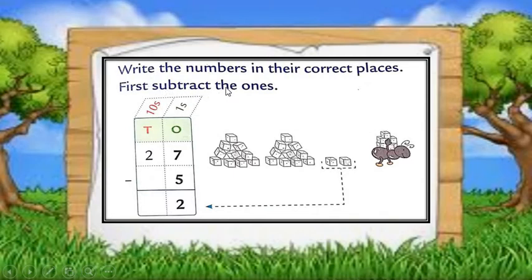Write the numbers in their correct places. First of all, write the numbers. Make columns, tens and ones. 27 minus 5.